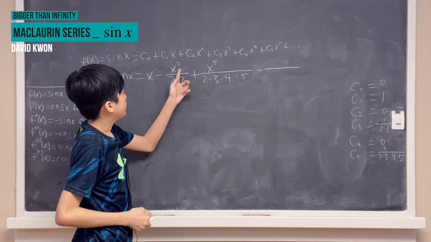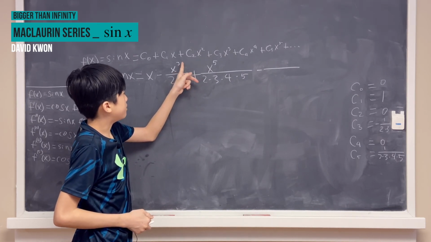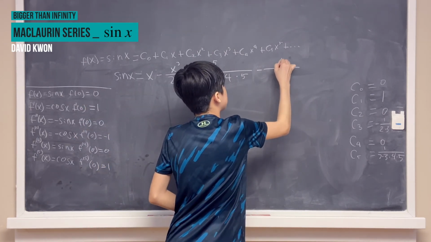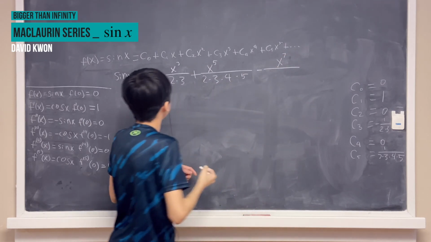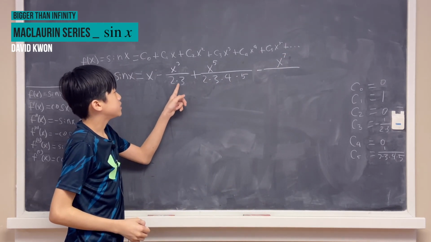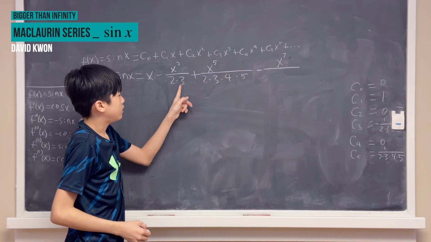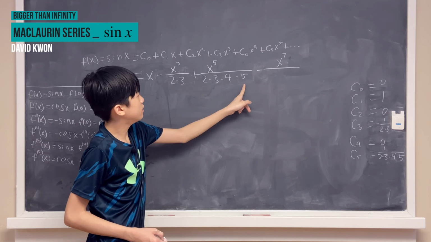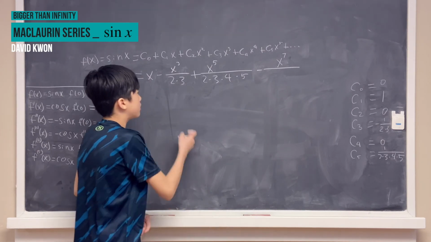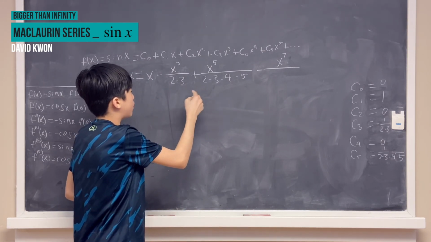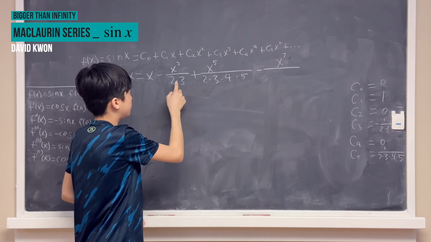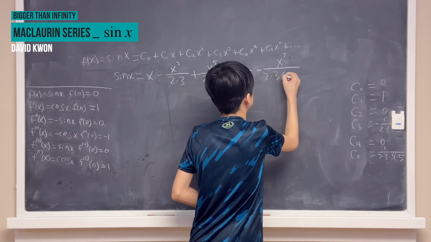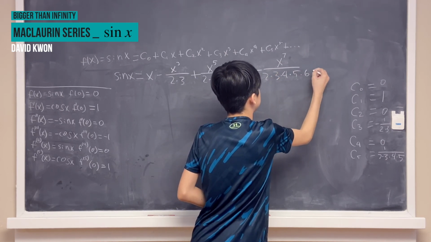Notice how our power is being increased by 2, so we will have x to the power of 7, and over here we have 2 times 3, and next we have 2 times 3 times 4 times 5. So again, there are 2 more numbers being multiplied from the one before. So we have 2 times 3 times 4 times 5 times 6 times 7.